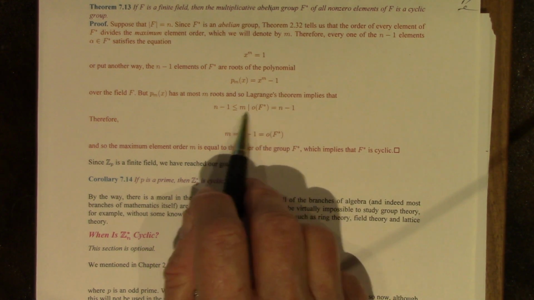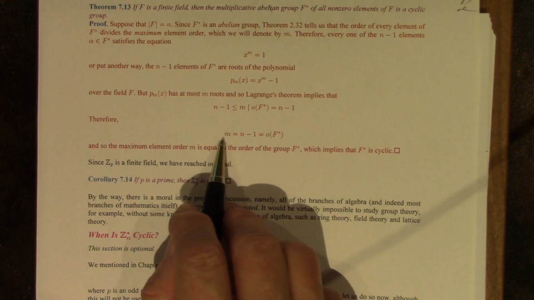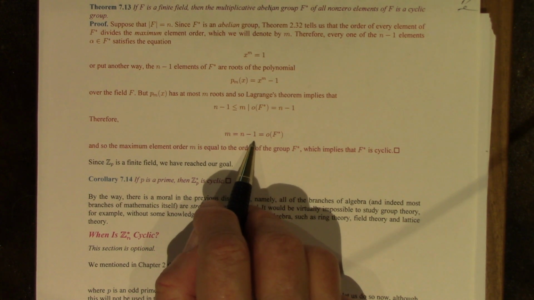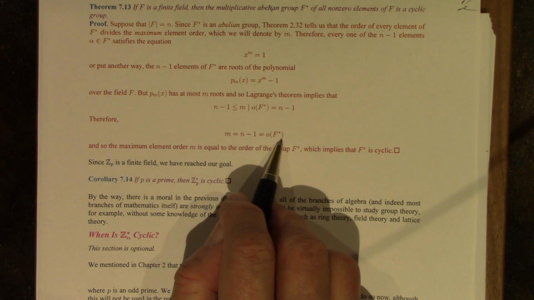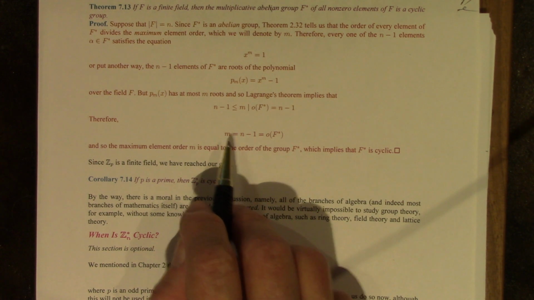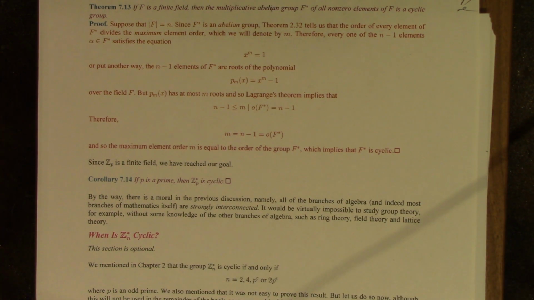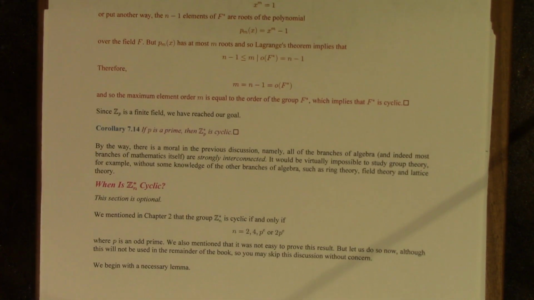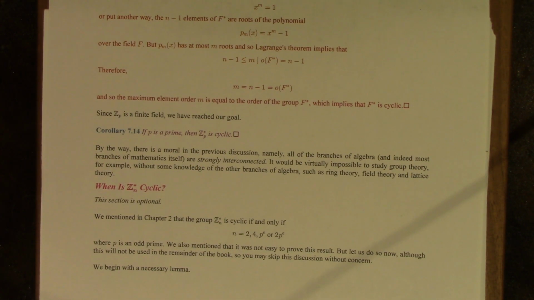So the only way to deal with this is that m equals n minus 1, which is the order of F star, which means that the maximum element order, m, is in fact equal to the order of the group. So whatever element has that maximum order generates the whole group, and the group is cyclic. Well, since Z_p is a finite field, Z_p star is cyclic.